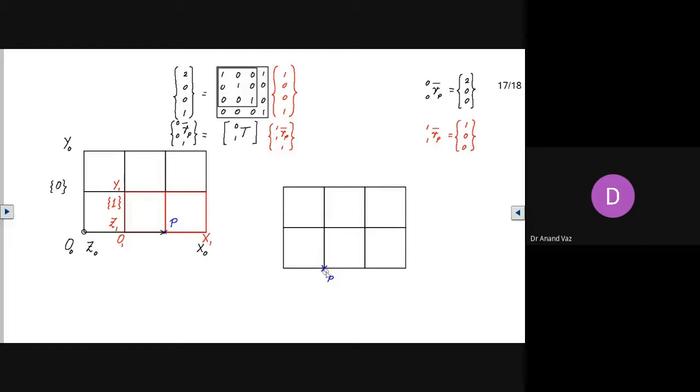So you are able to move from point P here to a point here. Let us say this corresponds to P initially, and this corresponds to Q. So you are able to get this shift from P to Q by just operating on this vector representing this position.